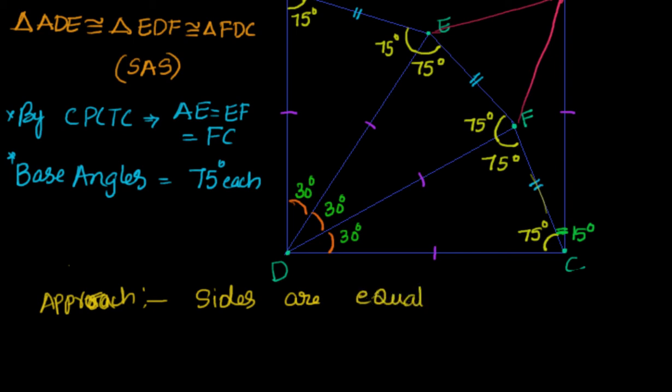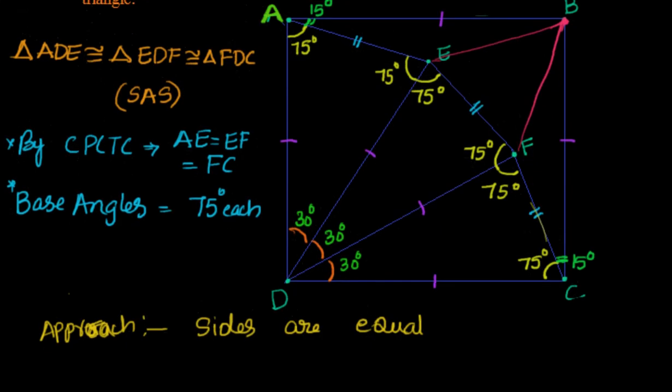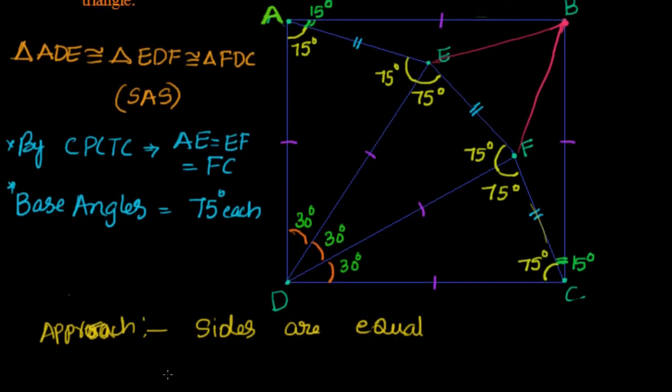Now, are there any other congruent triangles you can see? If you observe carefully, you will see that triangle AEB is congruent to triangle CFB.